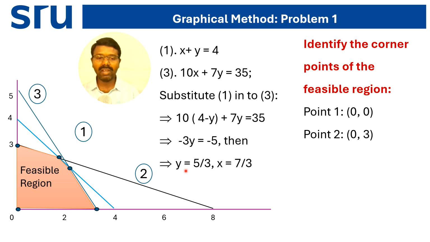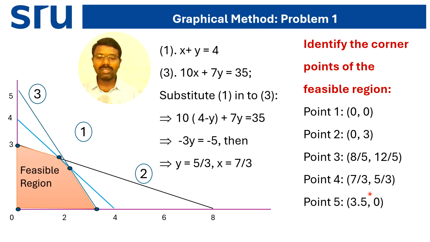So now finally y will become 5 by 3, and substitute this y value in equation 1. So you will get the x value, that is 7 by 3. So now this is the fourth point, x comma y, that is 7 by 3 comma 5 by 3.